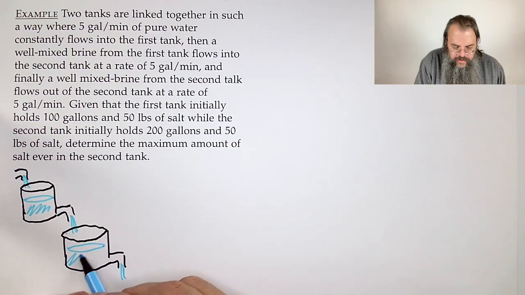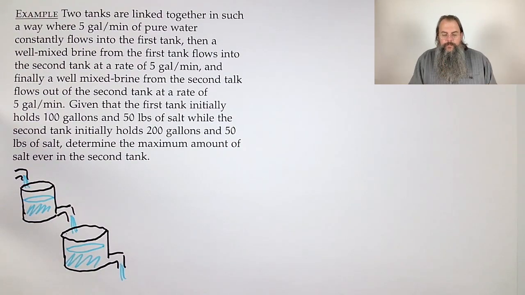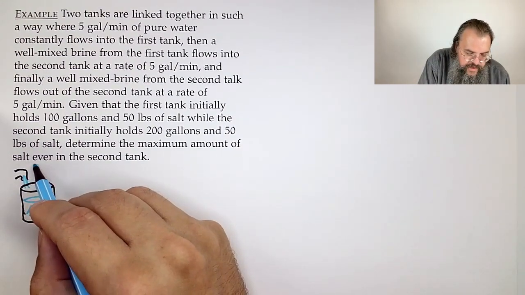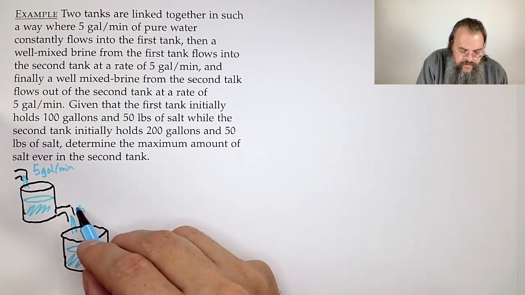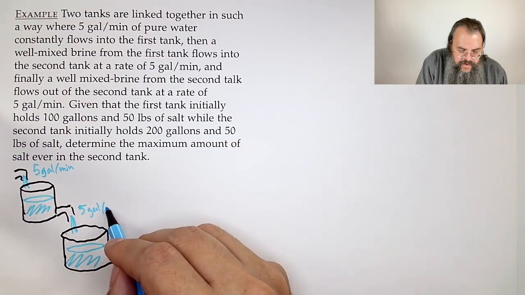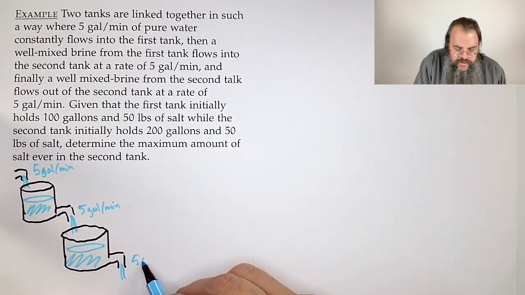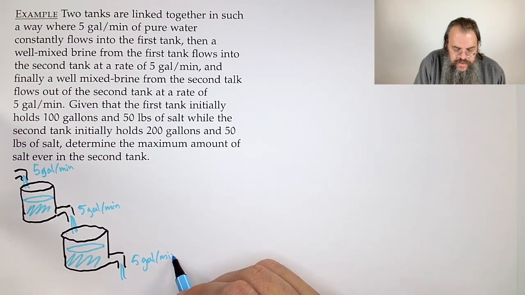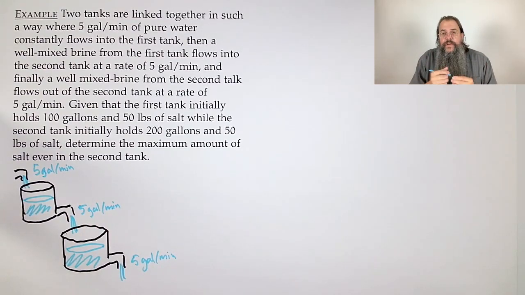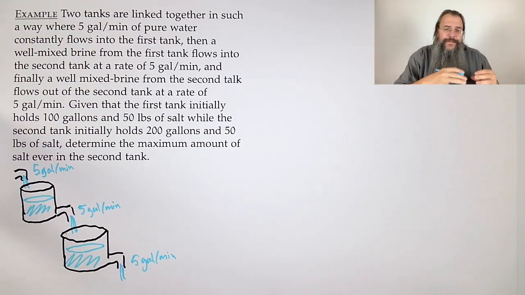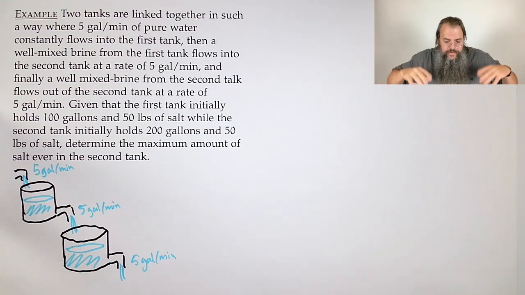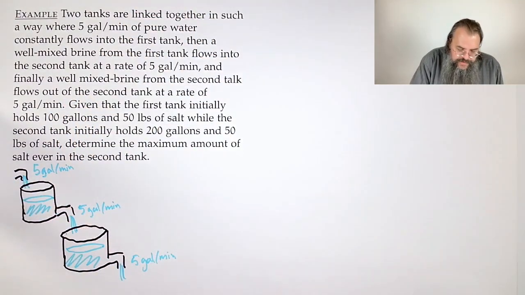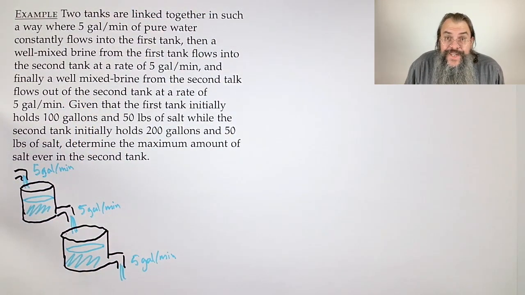So that's the picture, and then we'll make some notes here. This is 5 gallons per minute, and this is 5 gallons per minute. And notice in particular, no change in the total amount of liquid happens, right? The inflow equals the outflow in both the tanks.